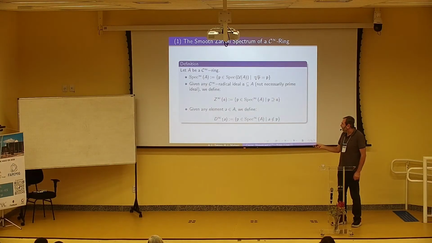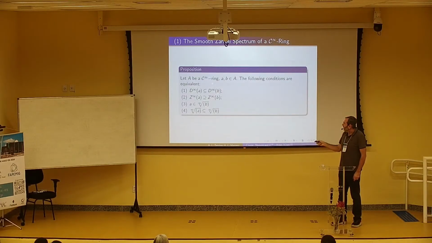E os abertos são os complementares disso, em particular um aberto bem básico em cima de um elemento a são exatamente os primos radicais em que o elemento a não está. Tem todas as propriedades esperadas que a gente tem para o espectro primo normal de Zariski, ok?